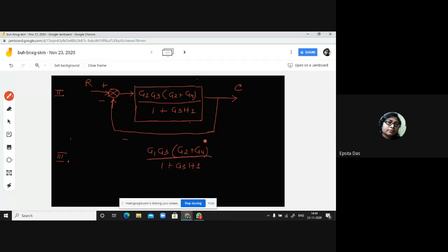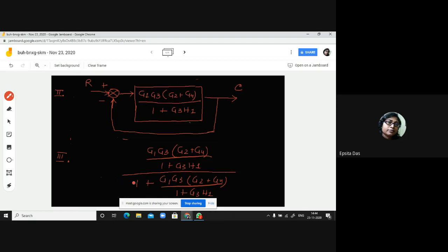This is the upper form, G1, G by 1 plus GH. So 1 plus this. Because H is, as he said, H is 1. So it will be G1, G3, G2 plus G4, 1 plus G3, H1.